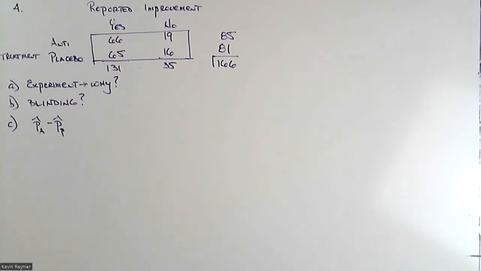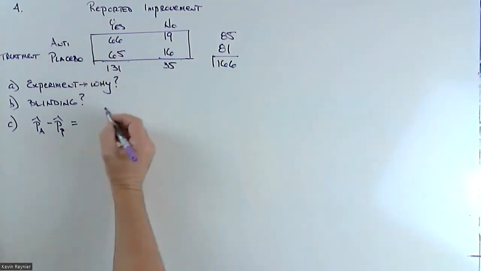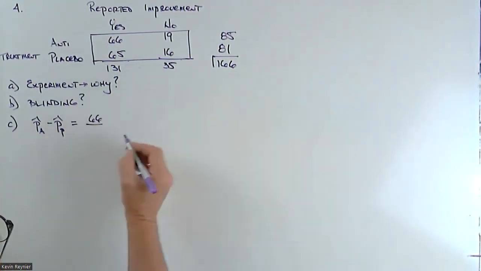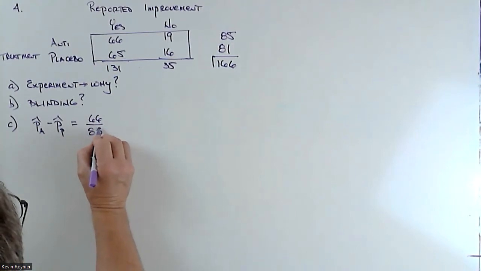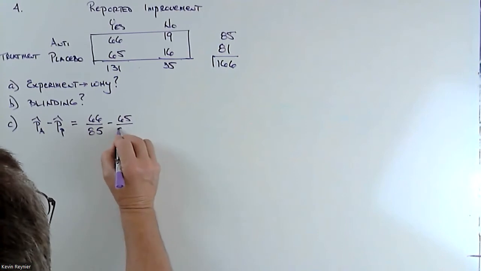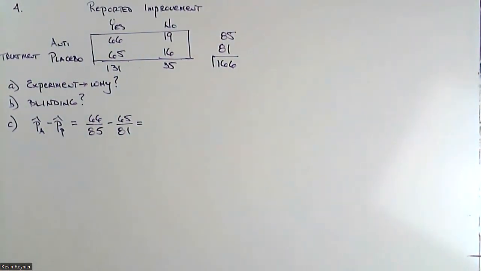So it says, compute the difference in the proportions of patients who self-reported an improvement. All right, so improvement is yes. So in the antibiotic group, we had 66 out of the 85, minus 65 out of the 81. These are the ones that reported an improvement.